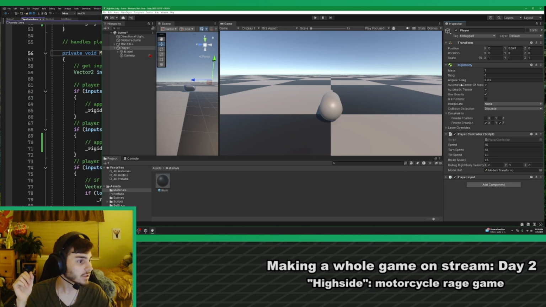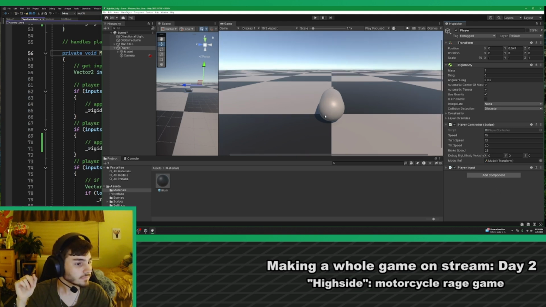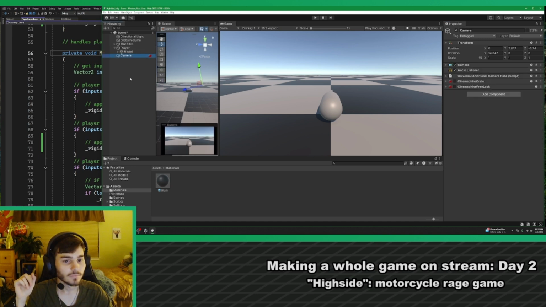Is there a way to see my center of gravity? Or is it there? Is the camera's there? Let's see if we unparent it.